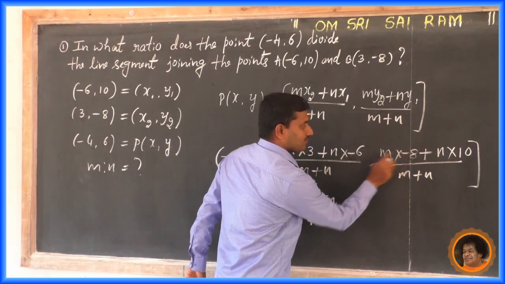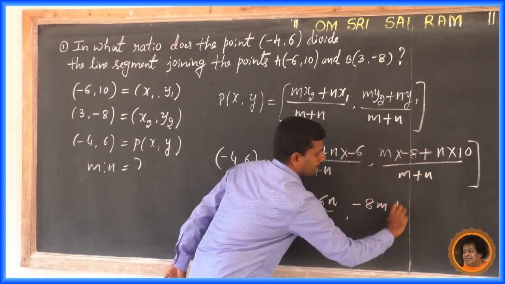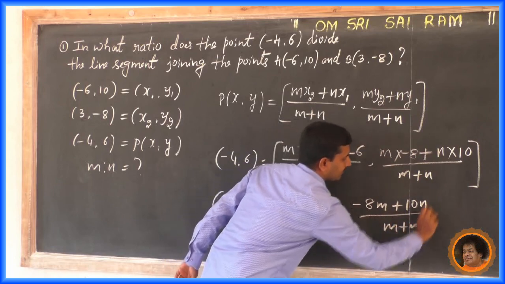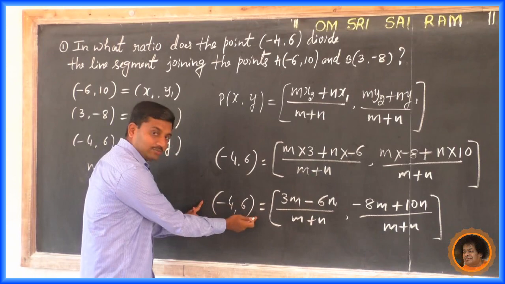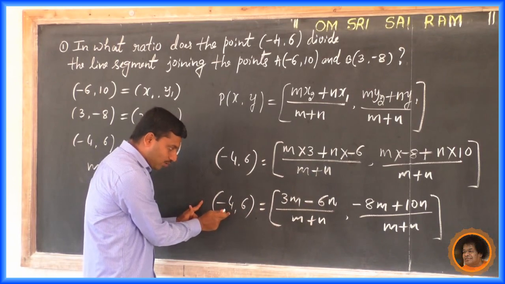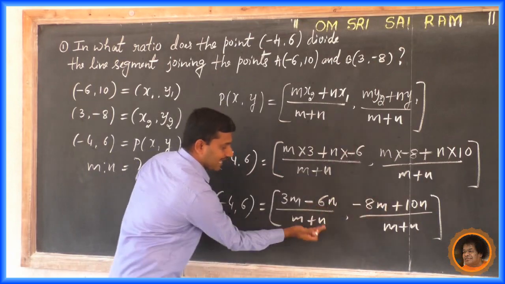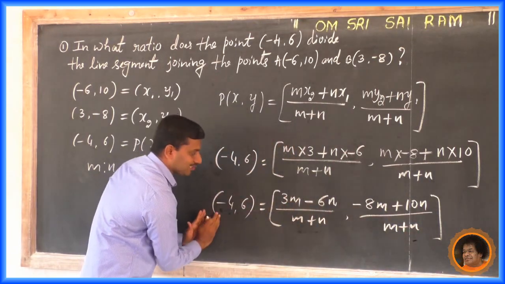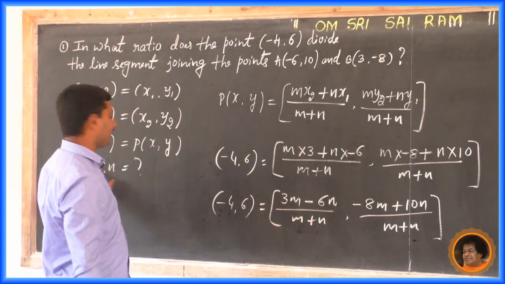Plus into minus, minus 8 into m, that is 8m, plus 10n divided by m plus n. So here P of x comma y, this is the x coordinate and the second one is the y coordinate. So on the right hand side also there are x coordinate and y coordinate. Now equate the x coordinate as well as the y coordinate. So we will get the value of the ratio m:n.